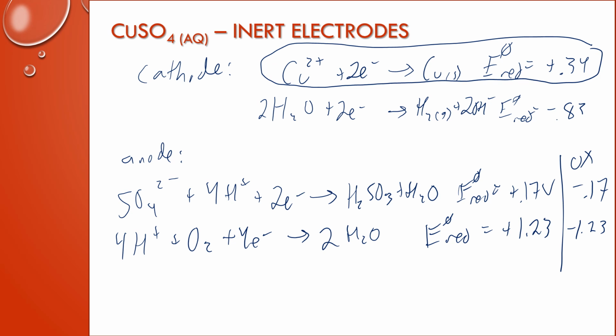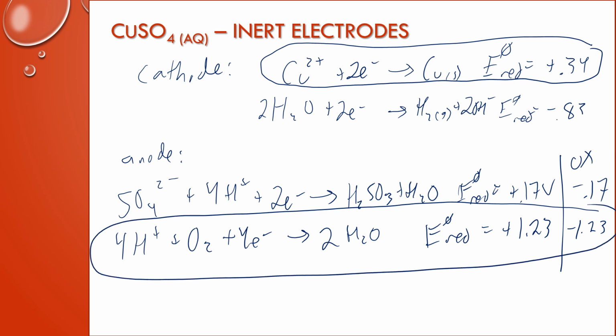So the one that's more favored for our electrolytic cell is going to be the water, because when you add that to your reduction potential here, it gives us a negative value, which is what we are expecting to find when it is a non-spontaneous reaction. Now, this only happens when you have inert electrodes, so like platinum electrodes or graphite electrodes, something that's not going to react.